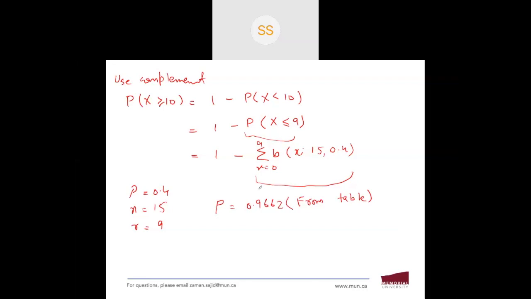Now this is not the final answer because I'm interested in P of x greater than or equal to 10. That should be equal to 1 minus this, as we defined here. So this is 1 minus 0.9662. The answer turns out to be that x greater than or equal to 10 is equal to 0.0338.